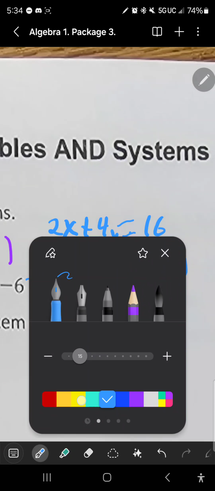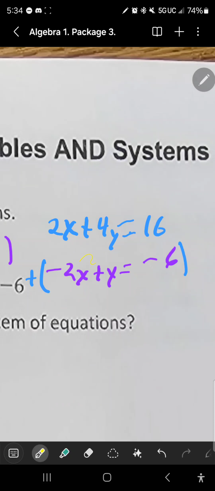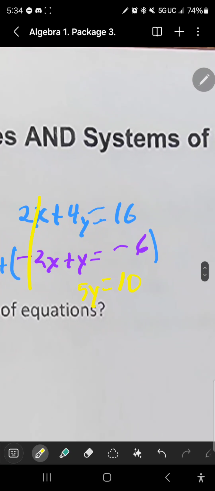And I get 2x plus negative 2x, you just cancel out. Now 4y plus y, 5y, and 16 minus 6 is 10. So I have 5y equal 10. I divide both sides by 5, and I get y equal 2.